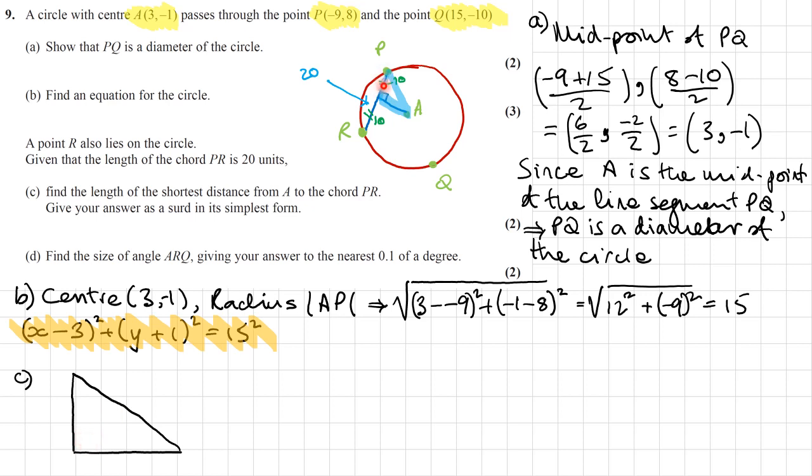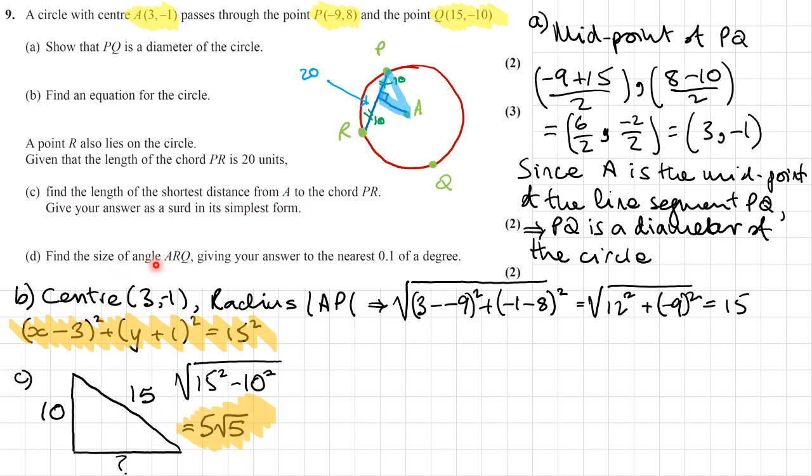The length of this side here is 10, so that's going to go on this side of my diagram, 10. And the length of this side, well, that's just the radius of the circle, 15. I want to find the shortest distance, that's this length here. So it's just Pythagoras. That's going to be the square root of 15 squared minus 10 squared, and that gives exactly 5 root 5.